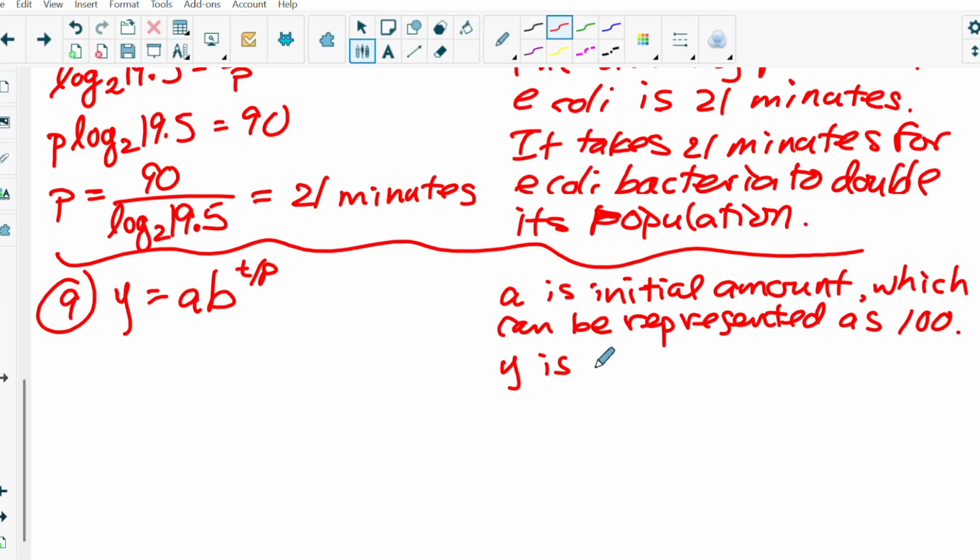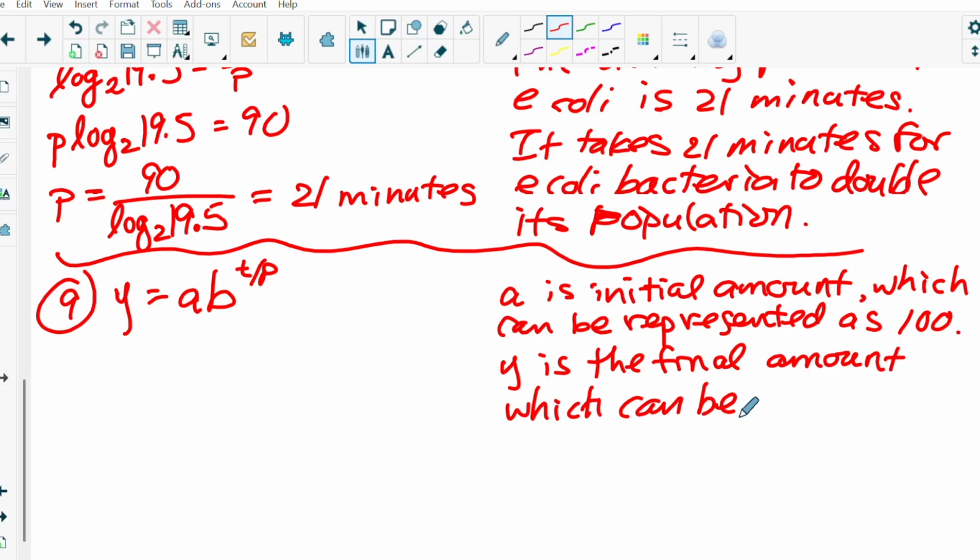So y is the final amount: 1.5% of the original amount, which can be represented as 1.5. So I have my A value and my y value.